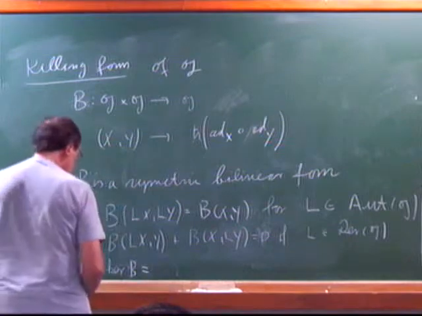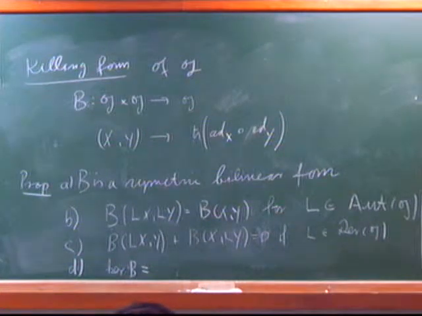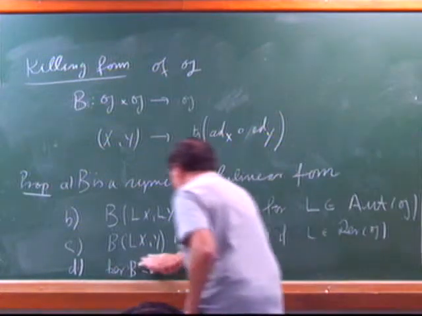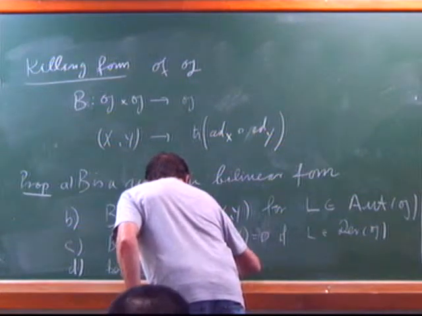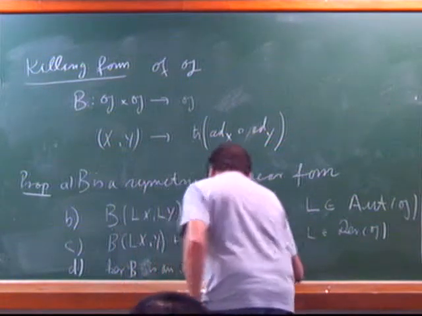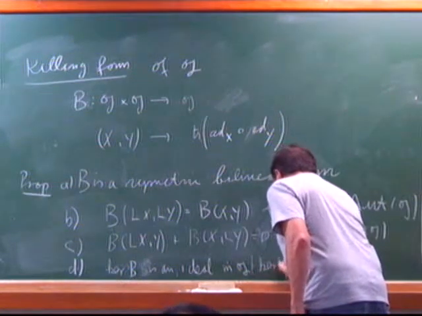and the kernel of B is just, what's the kernel of B again? Well, the kernel of B is not so easy to describe, but at least the kernel of B is an ideal in G. So I'll remind you, what's the kernel of a bilinear form?